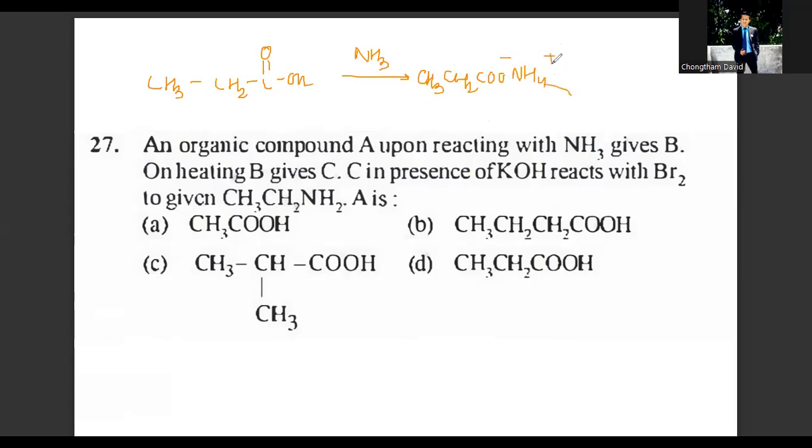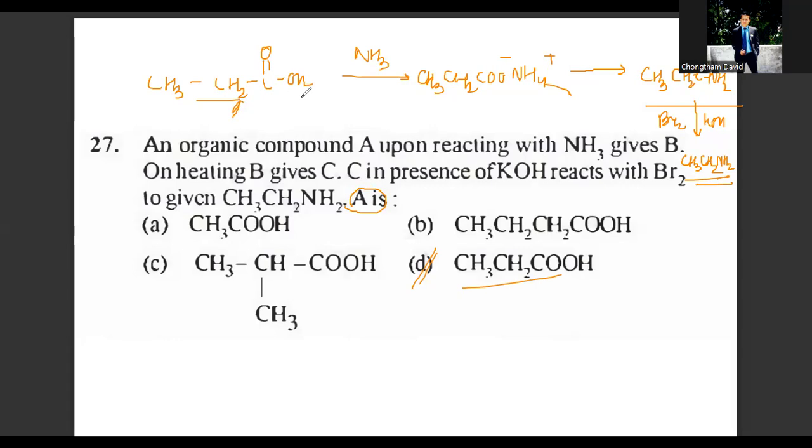You can say this is a salt. When you further heat this, it forms amide, CH3CH2C=O NH2. And again treat this with potassium hydroxide and bromine. This part is called the Hoffmann bromamide reaction. CH3CH2NH2, ethanamine. This is your ethanamine. So the answer for this question will be option number D. Okay, the carboxylic acid is the starting material, because the question is asking you to find A. This is your A. Okay, moving on to the next question.